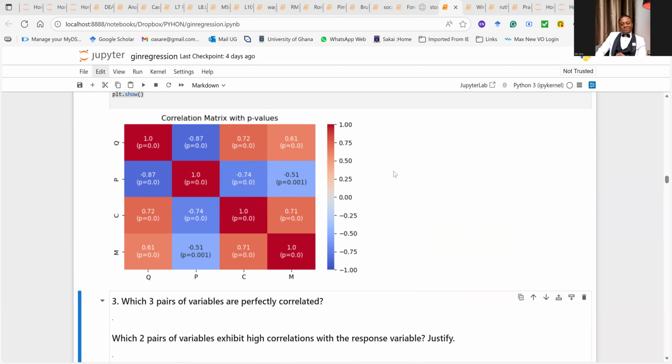Use the p-values. Use the p-values to check whether the correlation is significant or insignificant.